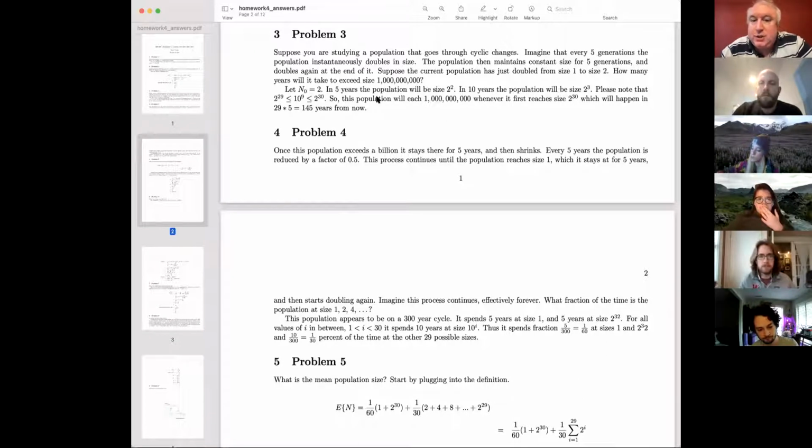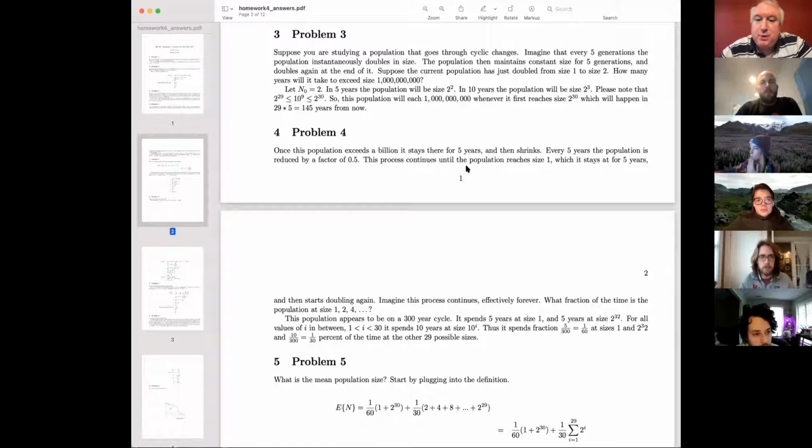So once it gets to 2 to the 30th, it'll stay there for 5 generations, and then it'll start going back down. This whole cycle takes something like 145 years. It spends 5 years at each size going up, 5 years at the top, then 5 years at each size going down, and 5 years at the bottom.